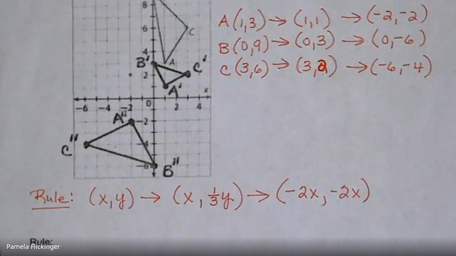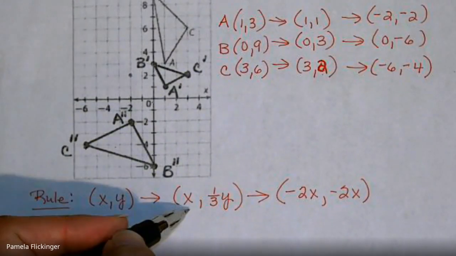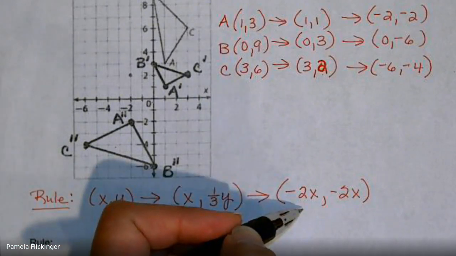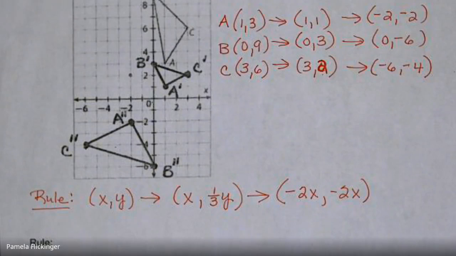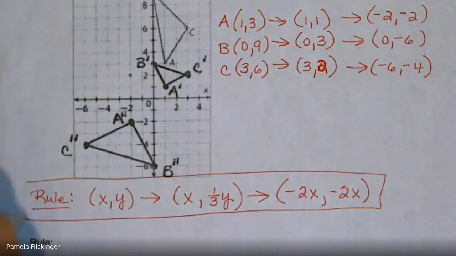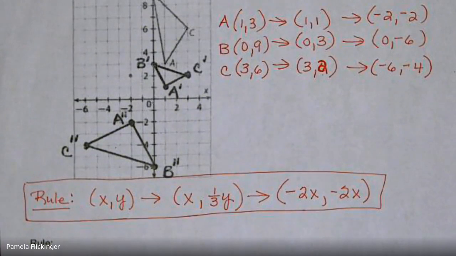So we've got a non-rigid transformation happening first, then a dilation with a scale factor of -2 happening second. But that is the rule. Okay, so time to practice and see how you do with writing these transformations and compositions.